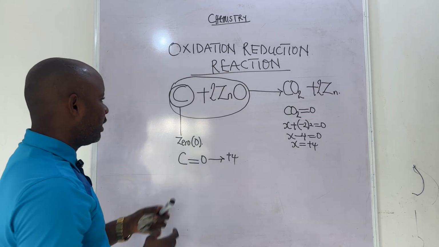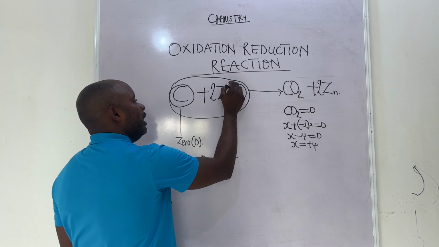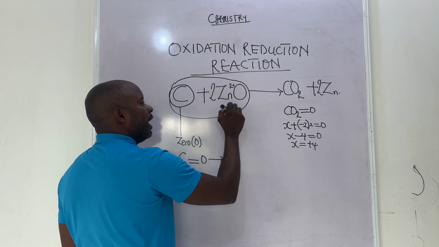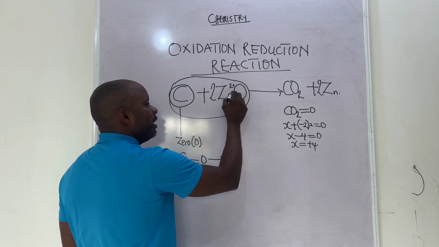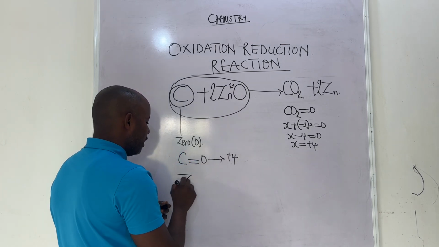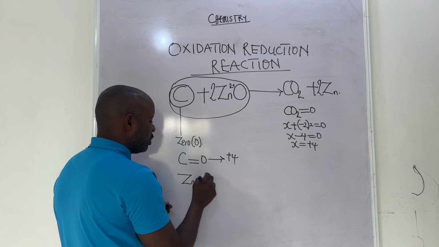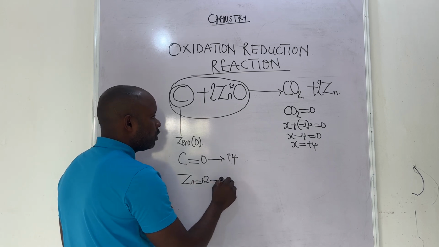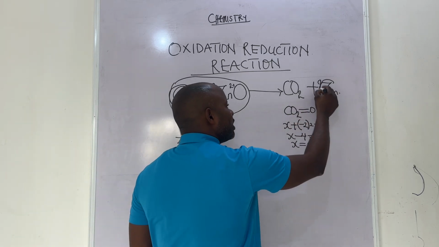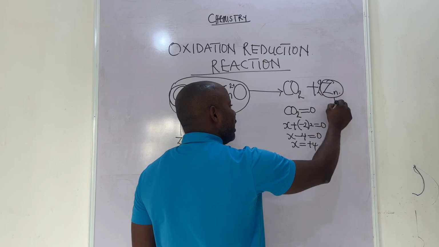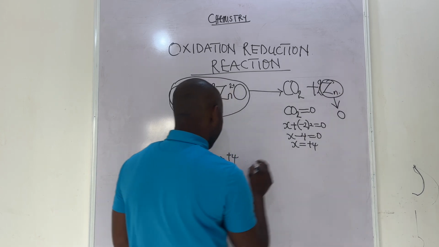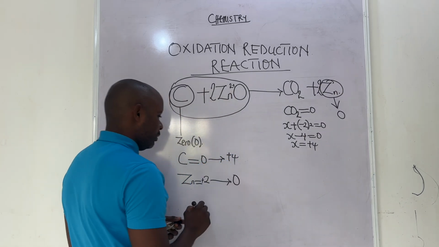Okay, let's check zinc here. The oxidation state of zinc in zinc oxide is +2, and it moved to the free element, whose oxidation state, as I've said, is 0.